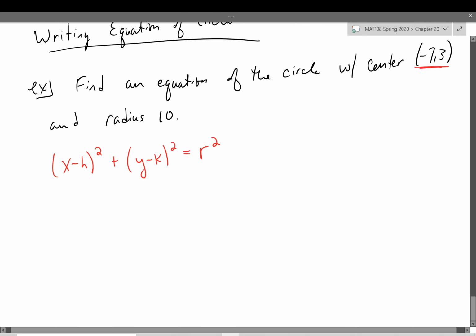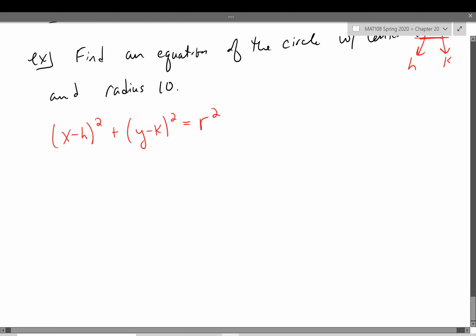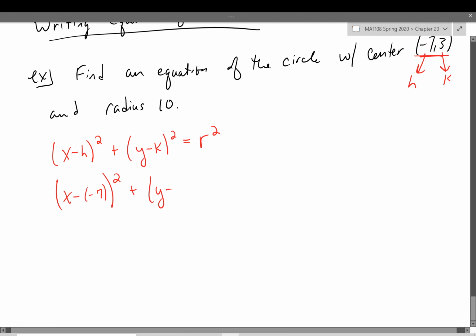We know the center is negative 7 comma 3, and that negative 7 is h, and the positive 3 is k. So I'm going to make direct substitutions. So I get x minus negative 7 squared plus y minus 3 squared equals 10 squared.